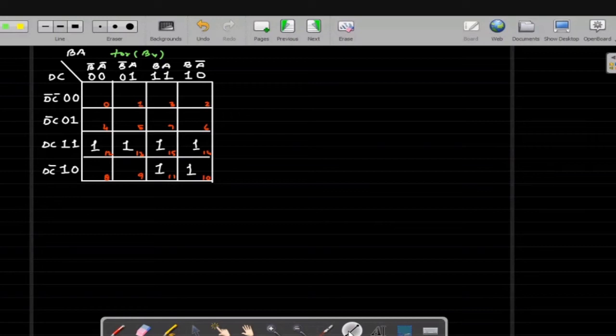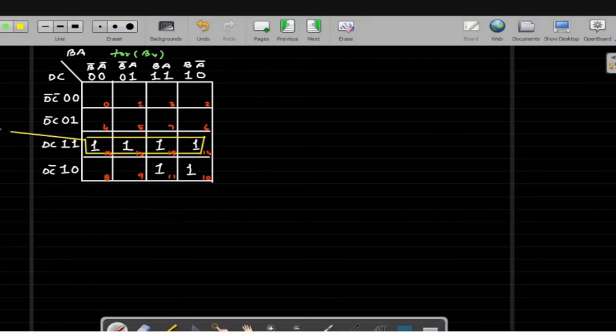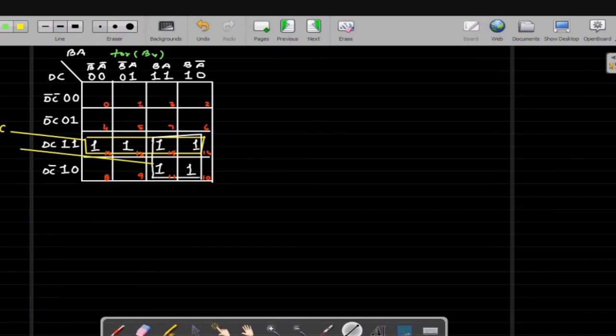One is a horizontal chord, and if you solve it you will get D C. Another chord you can have like this, and if you solve it you will get D and B. So finally you can write the expression for B4 as B4 is equal to D C plus D B.